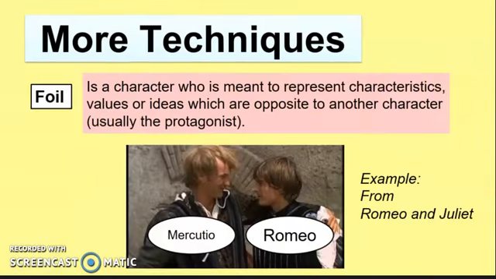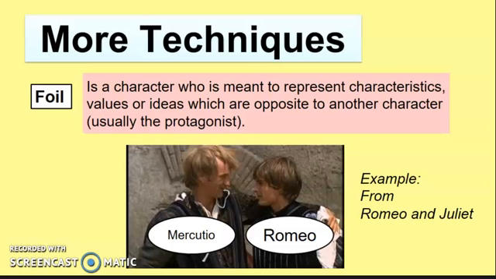And lastly, foil. Now this is a new technique. A foil is a character who is meant to represent characteristics, values, or ideas which are opposite to another character, usually the protagonist. Now, a foil is not necessarily an antagonist or the opposite of the protagonist, because when we say an antagonist, it is a character who works in opposition to the protagonist.